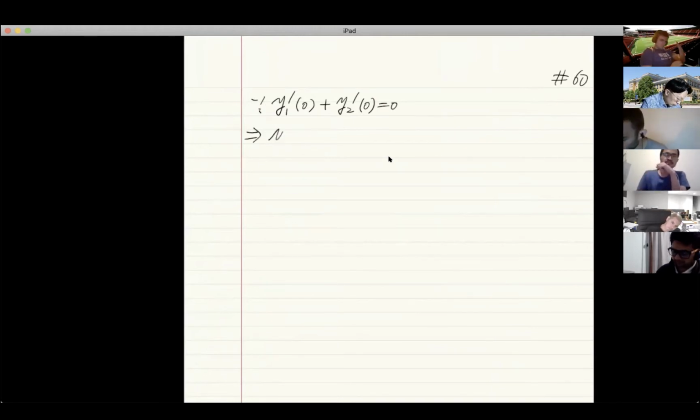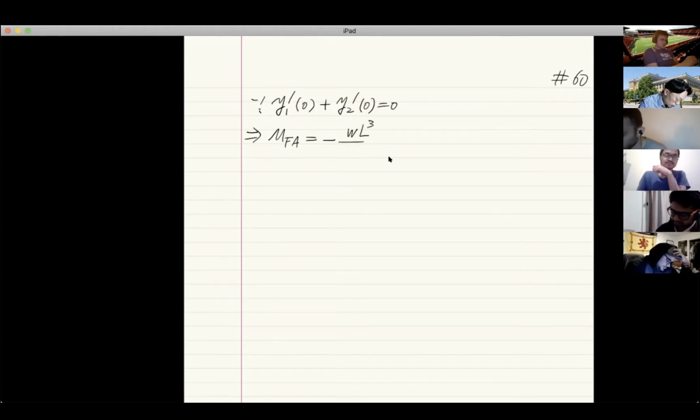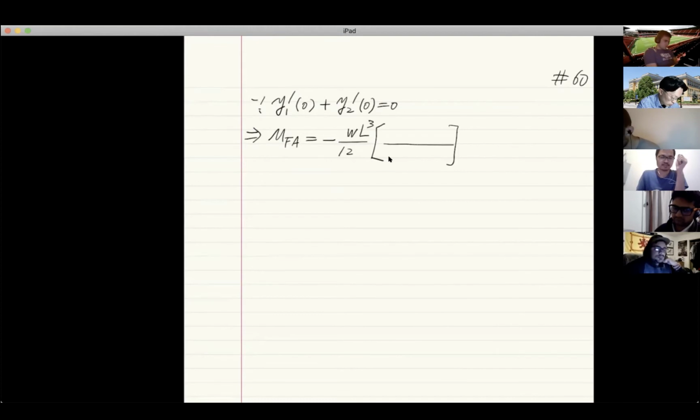This way you can find out the expression of MFA, which is a fixed end moment, that equals negative WL cubed over 12 EI, times this function, which is 3 times tangent U minus U divided by U squared and divided by tangent U.